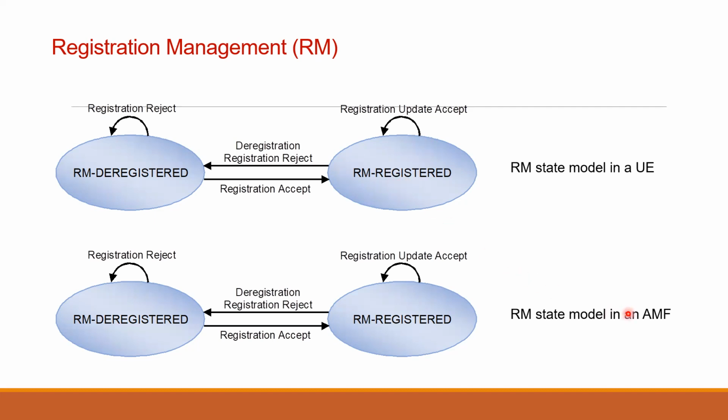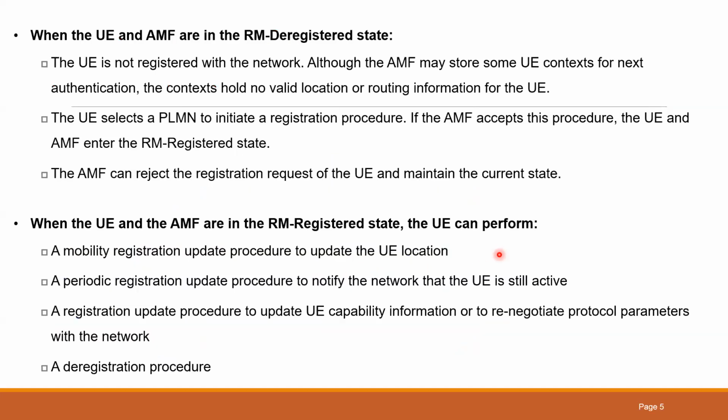In case of AMF, it's quite similar. Upon a registration accept, you move from deregistered to registered state, and in case of deregistration or registration reject, the user is moved from registered to deregistered state. When a UE and the AMF are in deregistered state, the UE is not registered with the network.